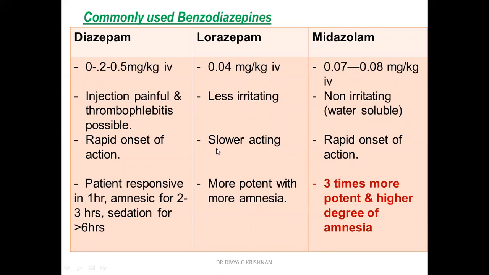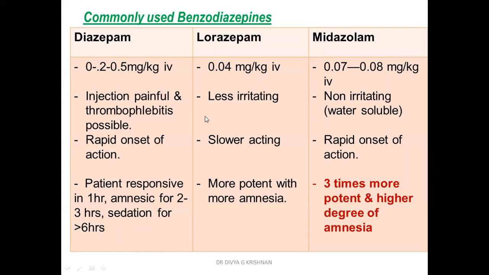And you can see diazepam and midazolam have rapid onset of action, whereas lorazepam has got somewhat slower action. And when you see the comparison of the action, you can see lorazepam has got more potent action, and midazolam, it is 3 times more potent and higher degree of amnesia.